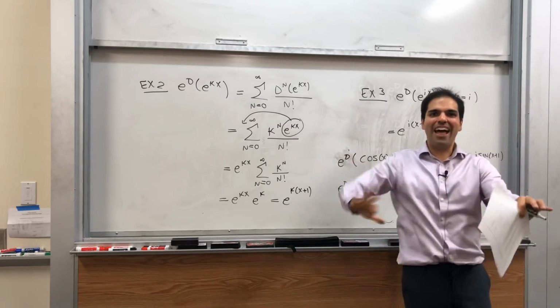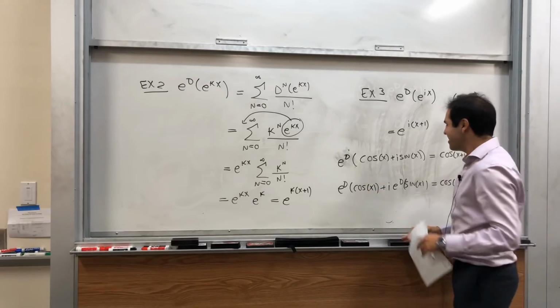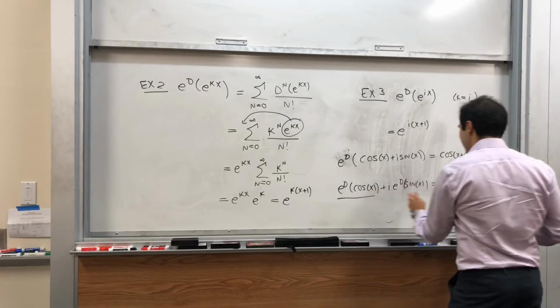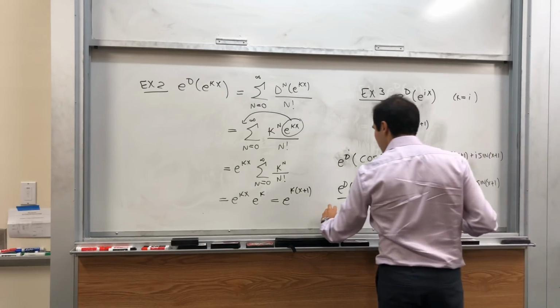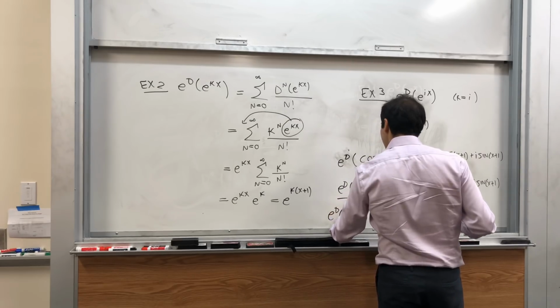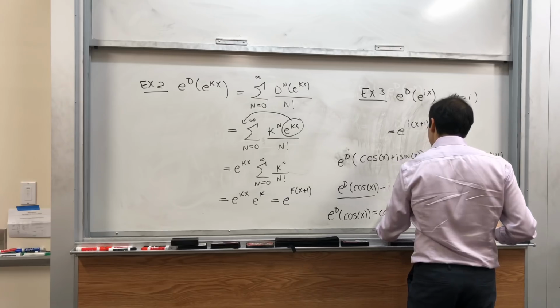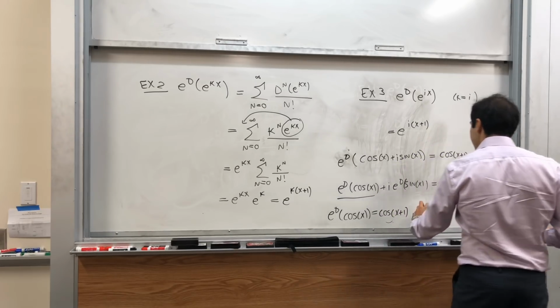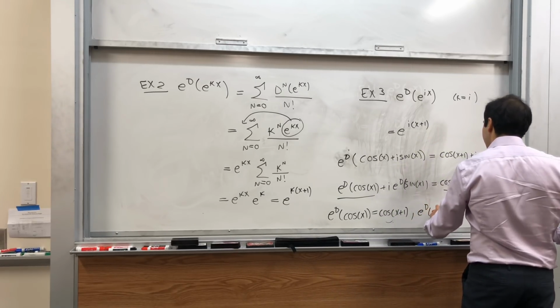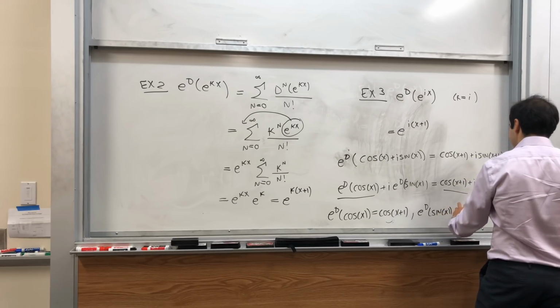So no weird black pen, red pen magic here. In particular, you can just compare the two, and you get that the exponential derivative of cosine shifts it by 1 unit, and the exponential derivative of sine also shifts it by 1 unit.